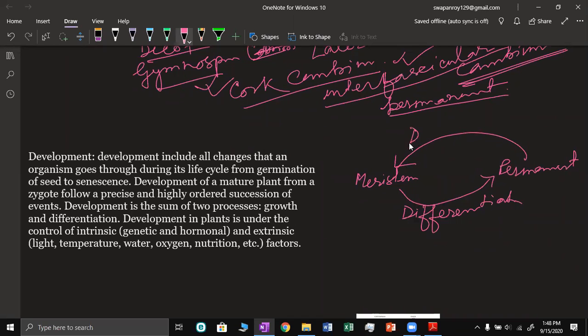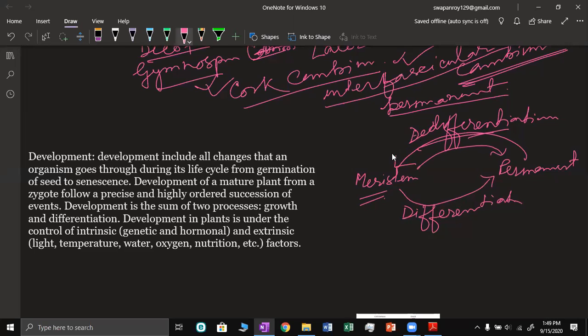This is de-differentiation. And once the secondary growth takes place, this meristem may again change to permanent when its function is over.